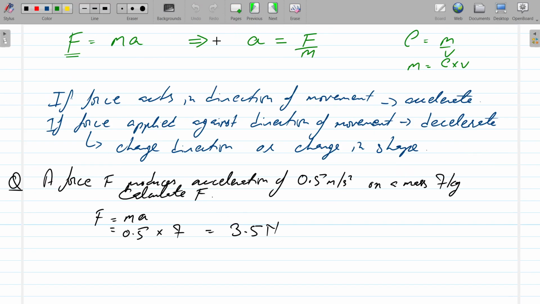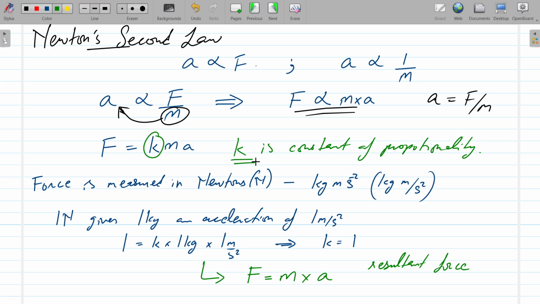Now, just a bit before we move on, the constant that we calculate is only one when you take the mass in kilogram and the acceleration in meter per second squared.